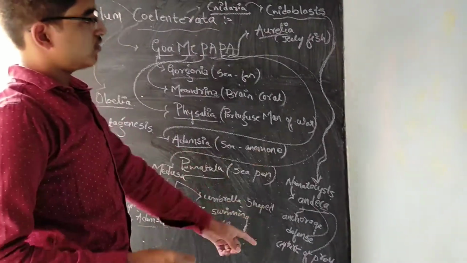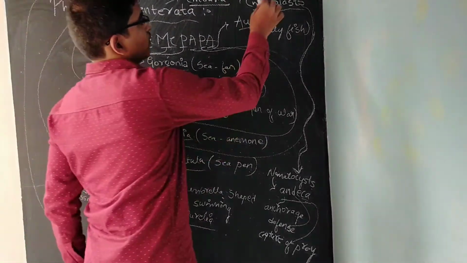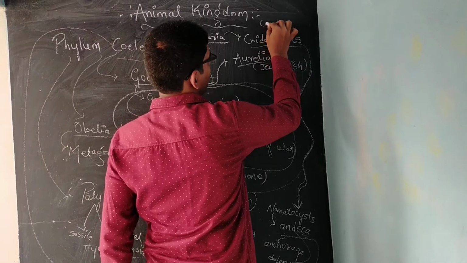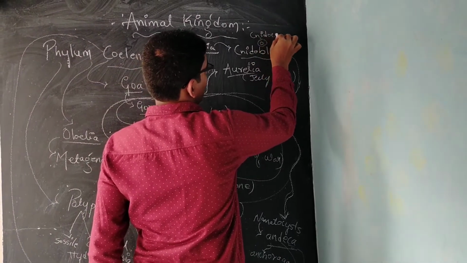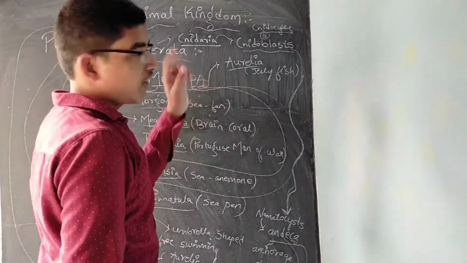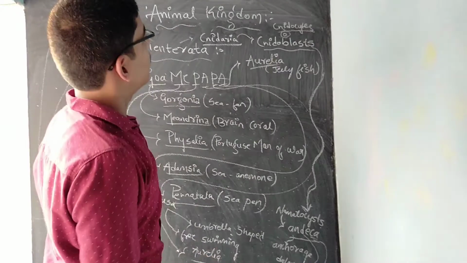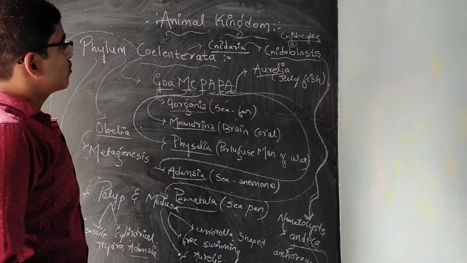So nematocysts are present in nidoblasts or nidocytes, which help in andeka: anchorage, defense, and capture of prey.